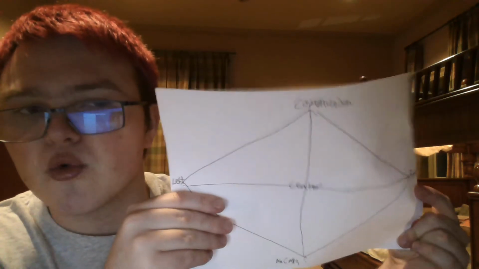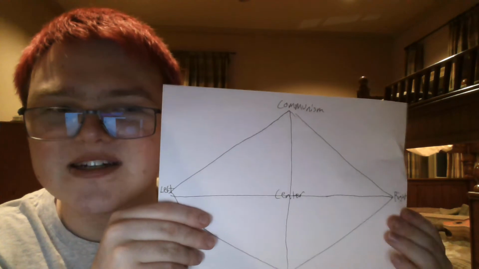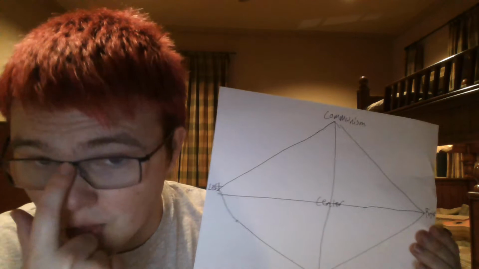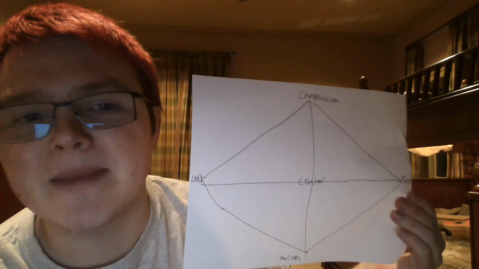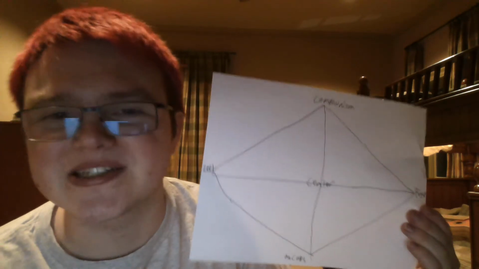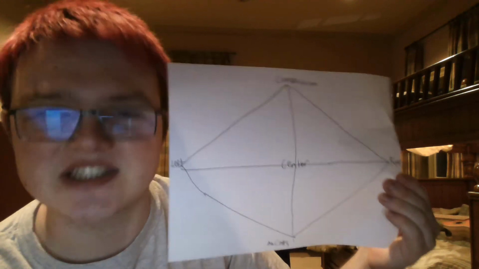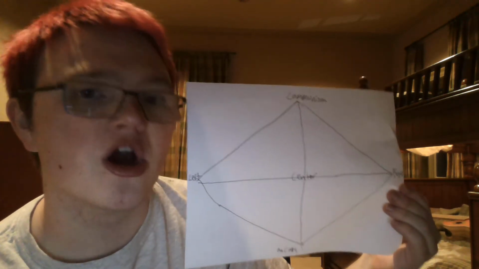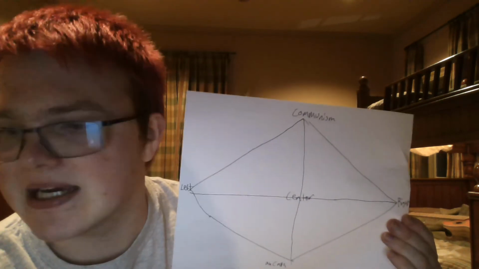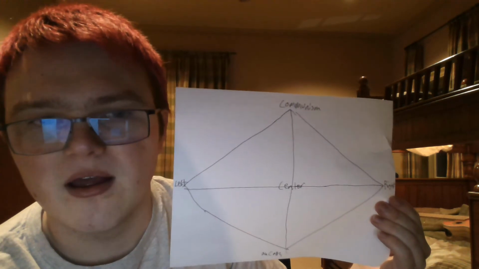Then you've got on the right a fascist dictatorship, where the state or a select few people that the fascist dictator allows to be in control are in control of everything. He controls all types of stuff.